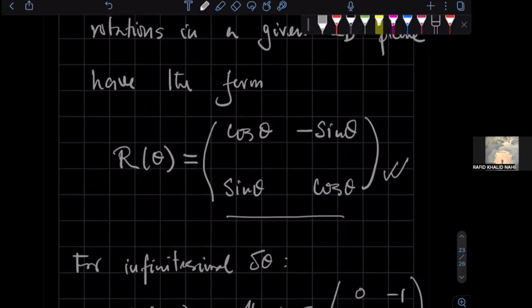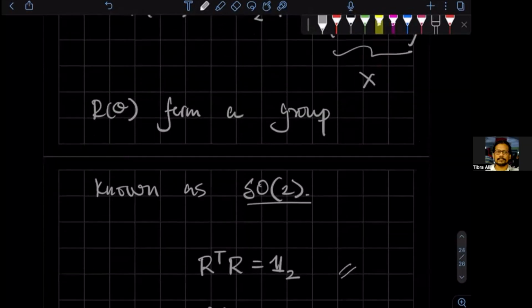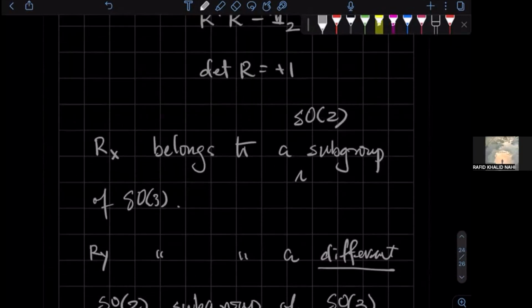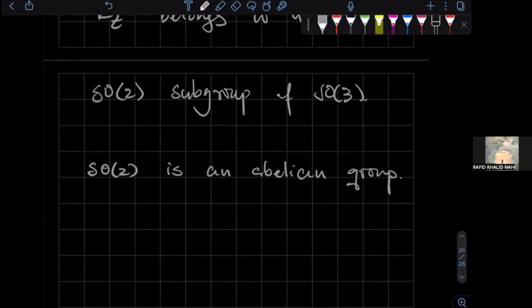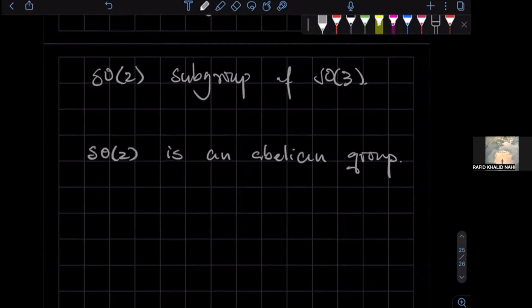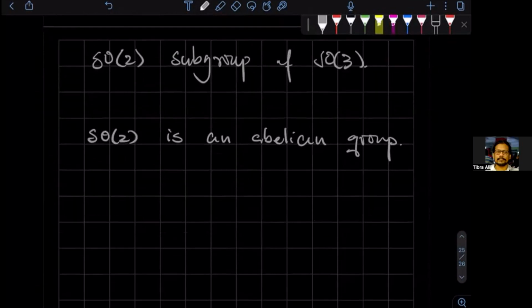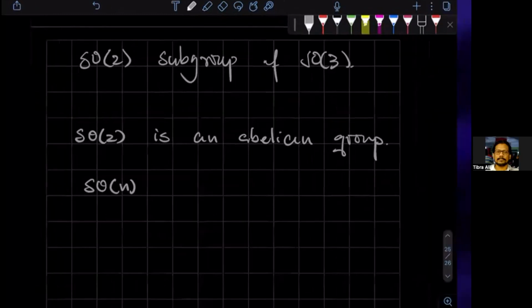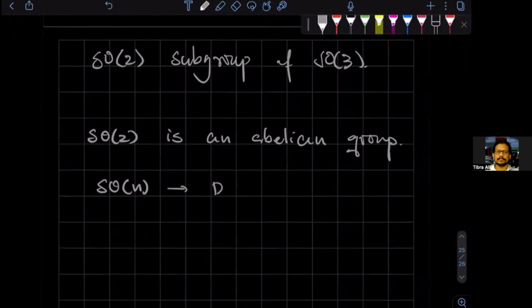Sir, I had a question about the number of parameters. To define a rotation in 2D, we just need 1 parameter. Exactly. But in 3D, it rises to 3 instead of 2, right? Yeah. It's not the dimension of the space which determines the number of parameters. So we'll see that when we have the group SON, its dimension will be half n times n minus 1.